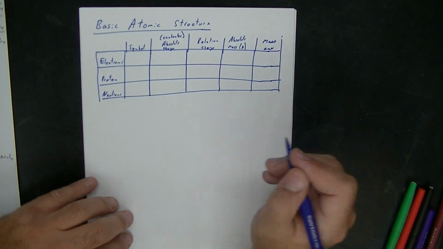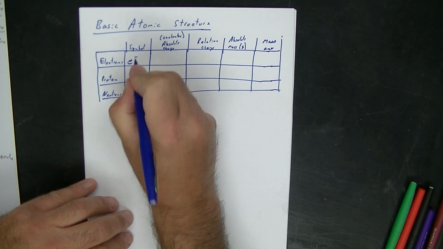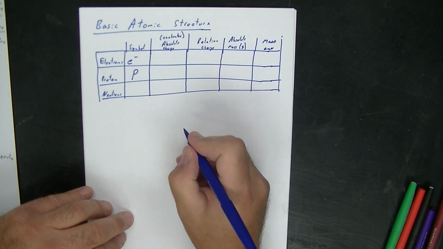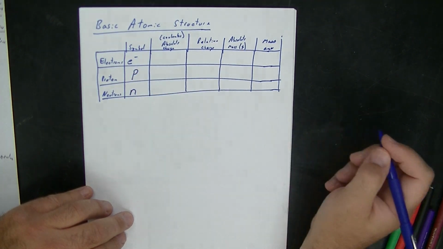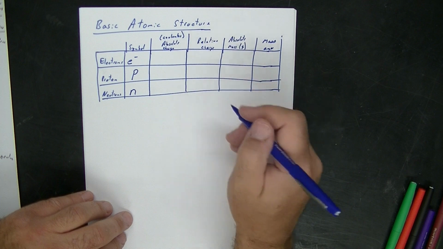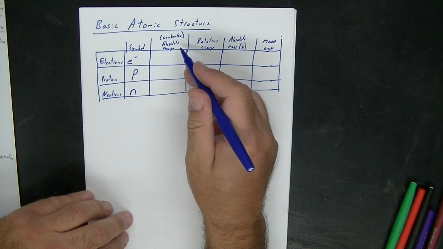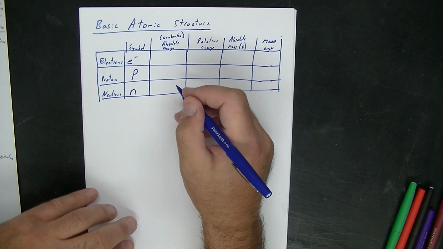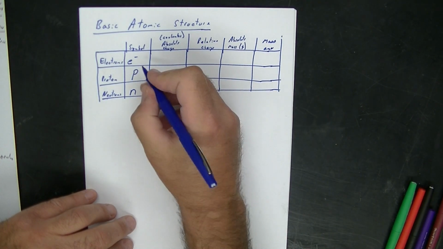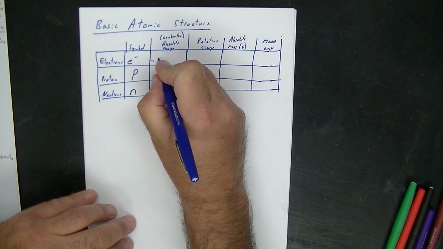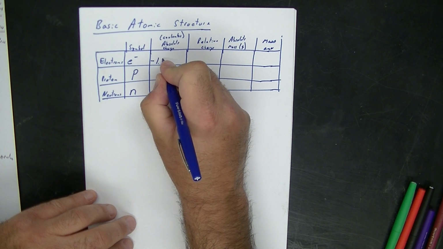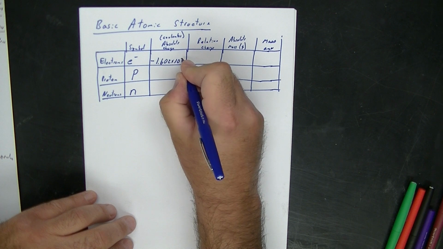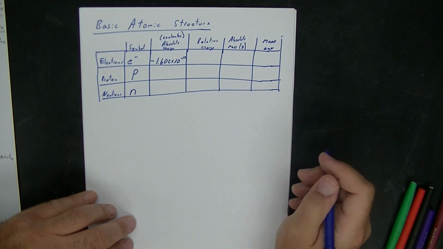Symbol for an electron that we're going to use, E with a minus sign. Proton, we'll use a P. Neutron is an N. Pretty simple. Now, this is absolute charge. This is the actual charge of each one of these particles. So an electron is negative, and it has a negative 1.602 times 10 to the minus 19th charge.